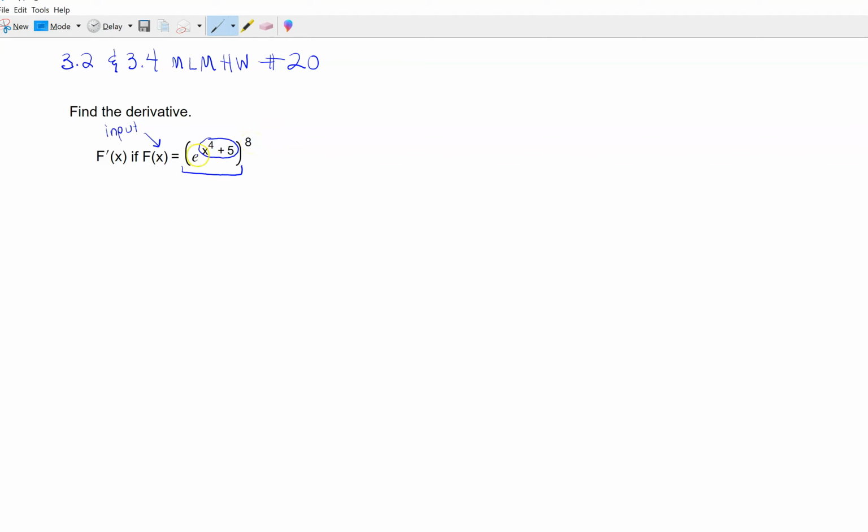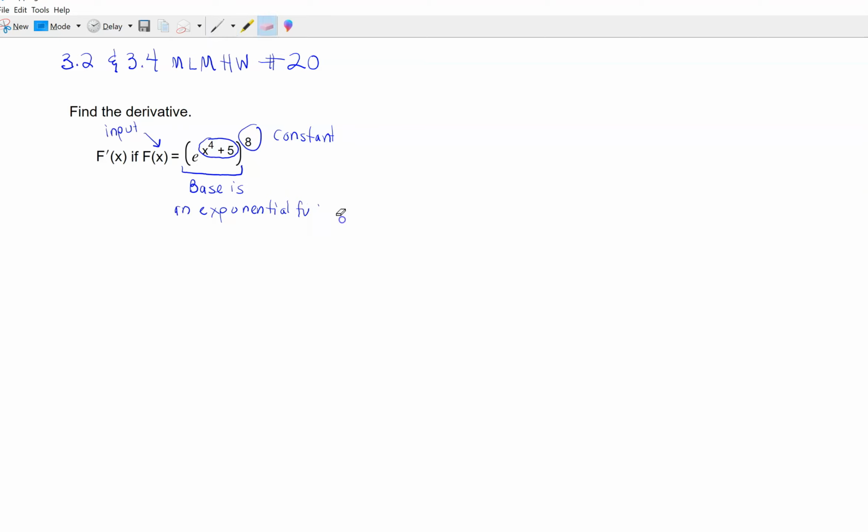So this is actually going to be a power rule function because I have a base raised to a constant exponent. It just so happens that the base is an exponential function. So we're definitely going to have to do some chain rule here.